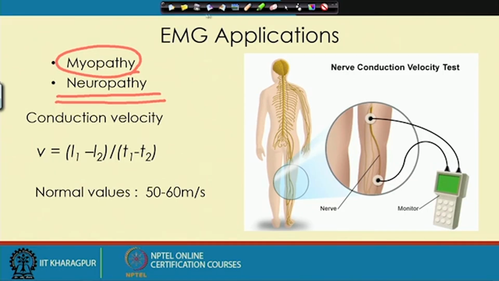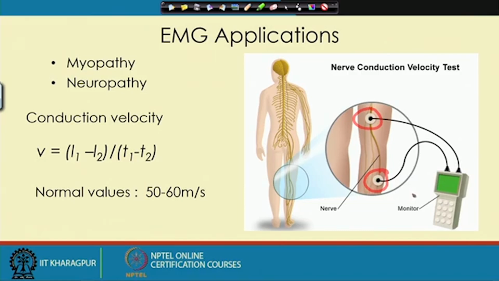So, to check that, we put the sensor at different parts of the body. Now, to do that, we need to know how the nerves are laid in the body. So, that knowledge is required.